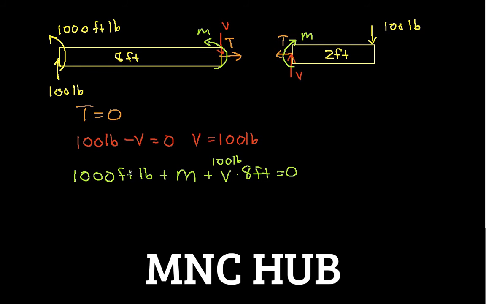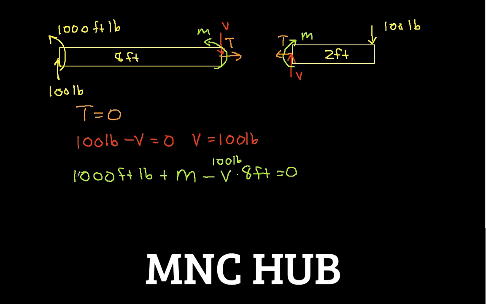So we have 1,000 foot-pounds, and I got the sign here wrong. I'm sorry. This force here is pushing in such a way to make the moment clockwise. And, okay, yeah, this is right.